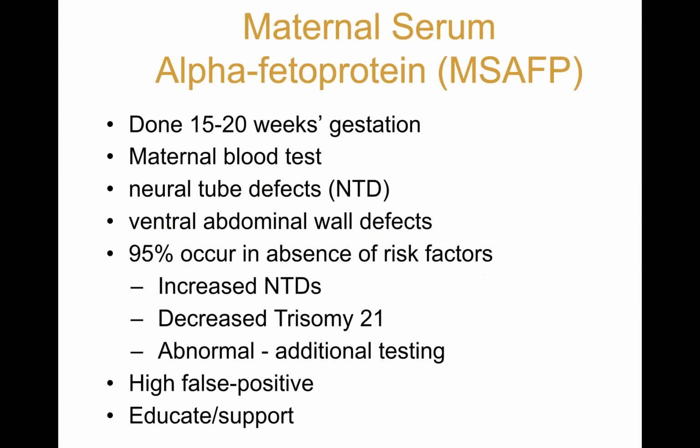It's a blood test that is going to be detecting neural tube defects. There is a chance that it has a false positive, and you want to really educate the family and be working with genetic counseling with this.